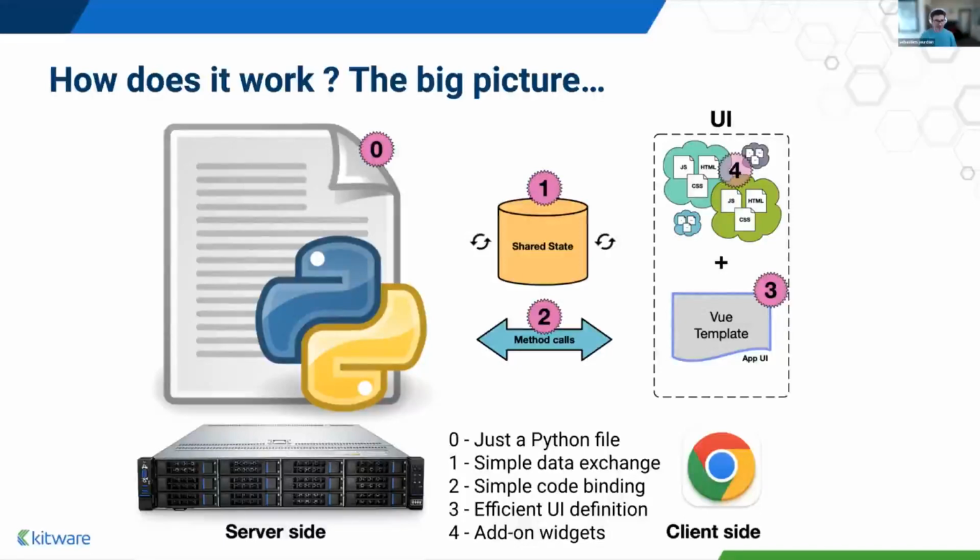Then what Tram gives you is some infrastructure for a shared state that is synchronized between the web UI and your Python scripts, on which you can attach some reactivity infrastructure. So you can listen to modifications and react to them by executing functions.